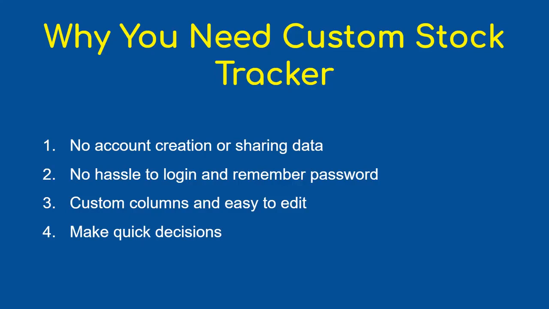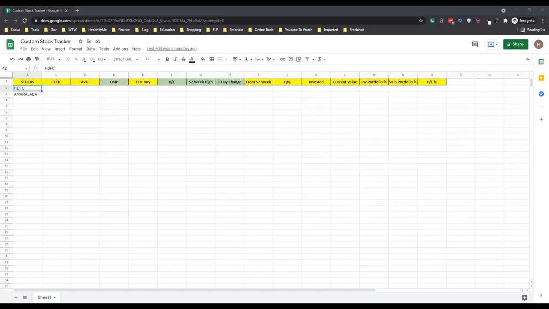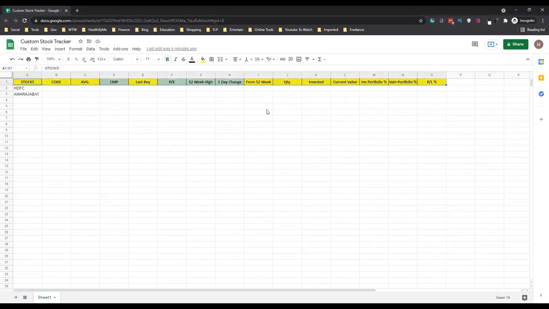Okay, now let's go ahead and see how to create a custom stock tracker. So this is the Google Sheet. I have used these columns. We are going to get values of current market price, last buy, P/E, 52-week high, 1-day change, invested, quantity, current value, and profit and loss.